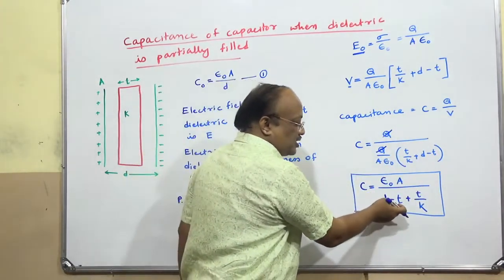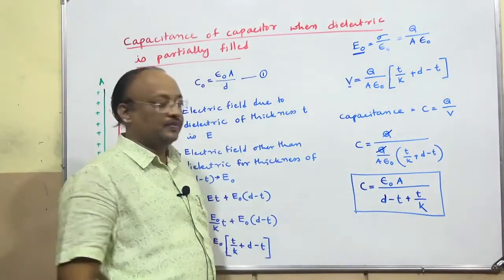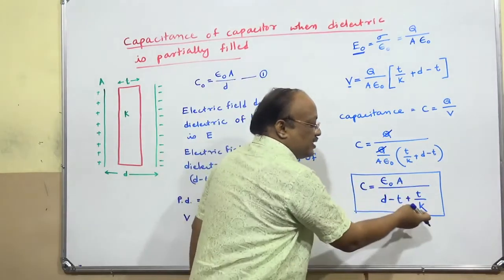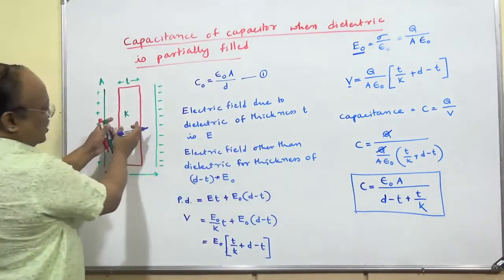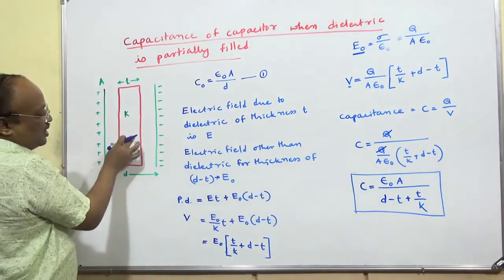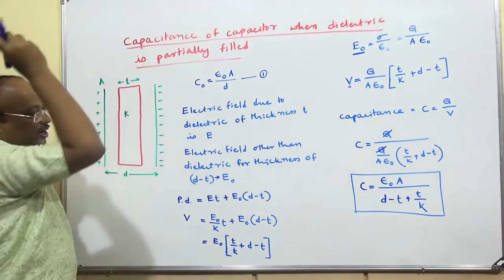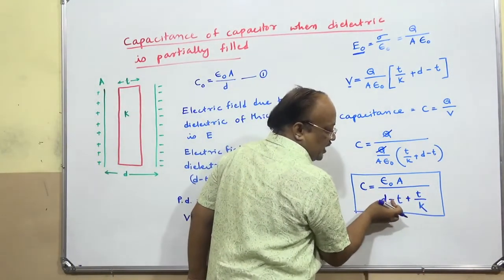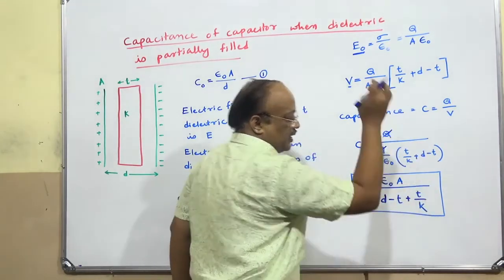Therefore, D minus T plus T by K. You are removing that thickness and adding this T by K, so how much air was present, that much you have.